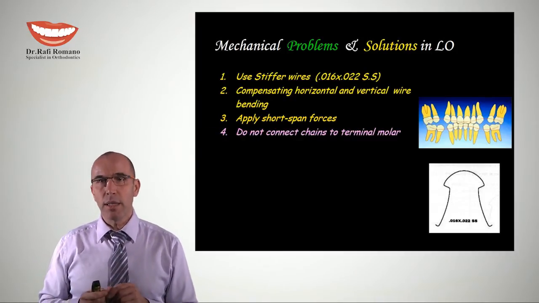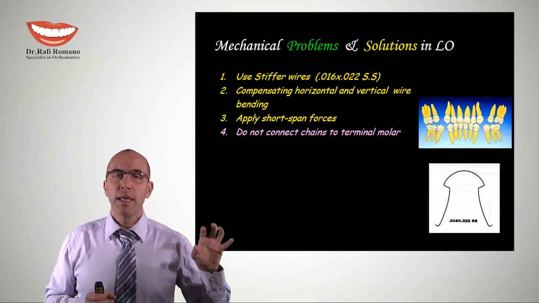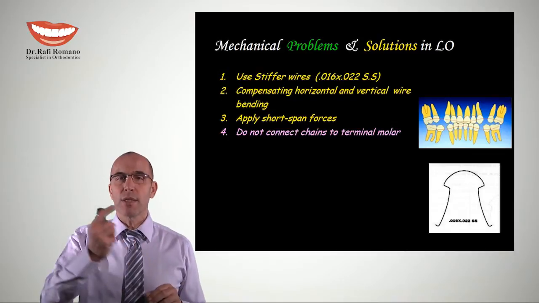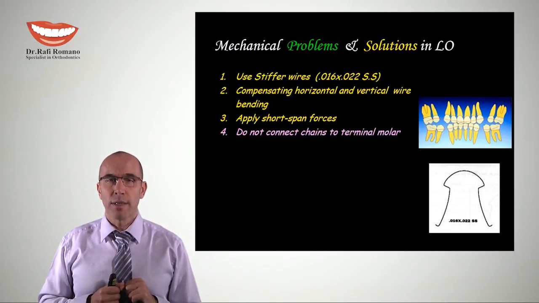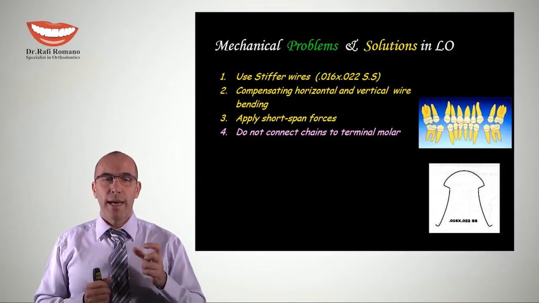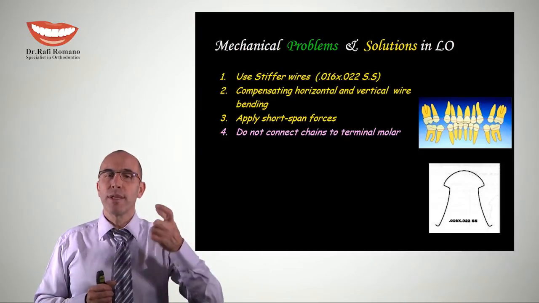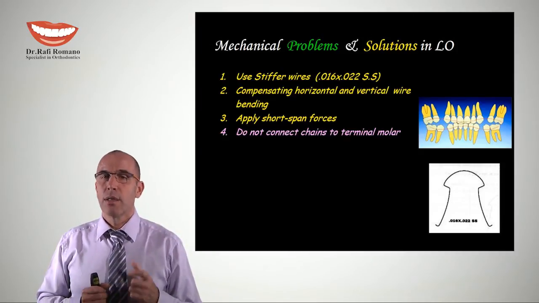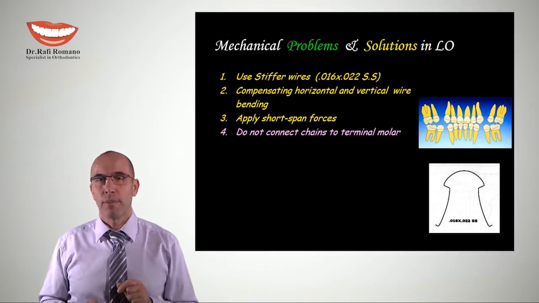The next one is not to connect chains to the terminal molars. If you put a chain from 6 to 6, we will have rotation of these molars. If we put a chain and we still have the 7, the 7 will hold the 6 so it does not rotate. So try not to put a power chain on the terminal tooth.